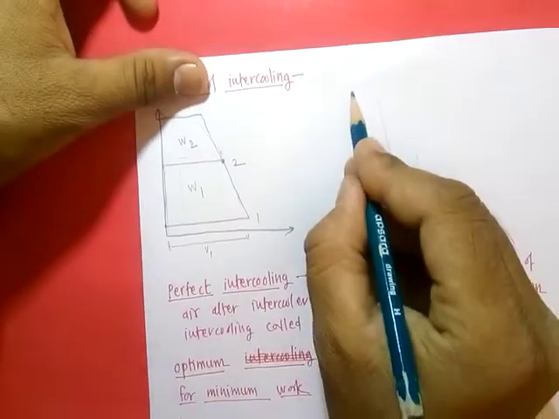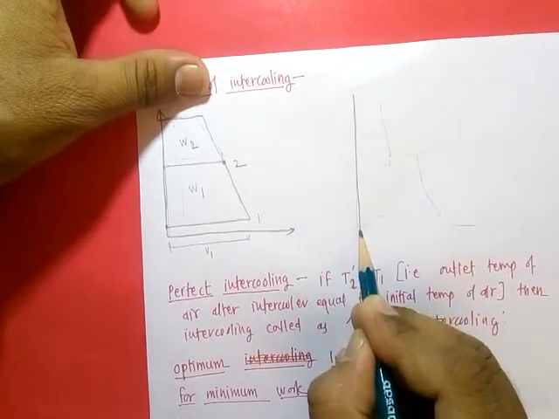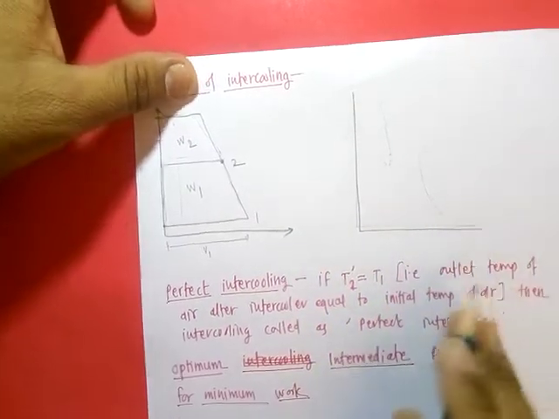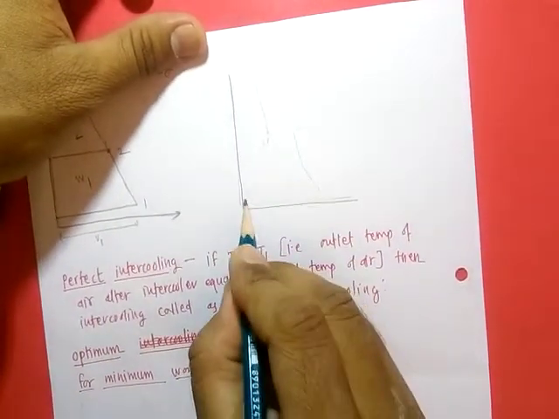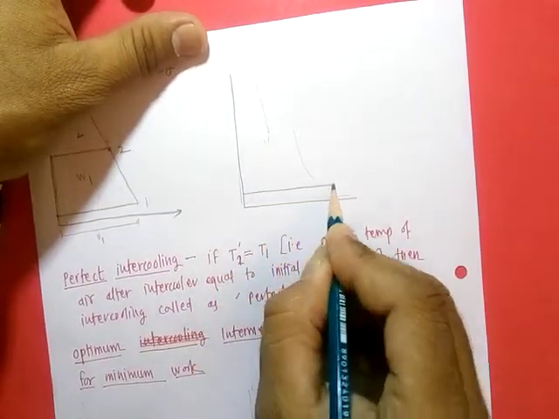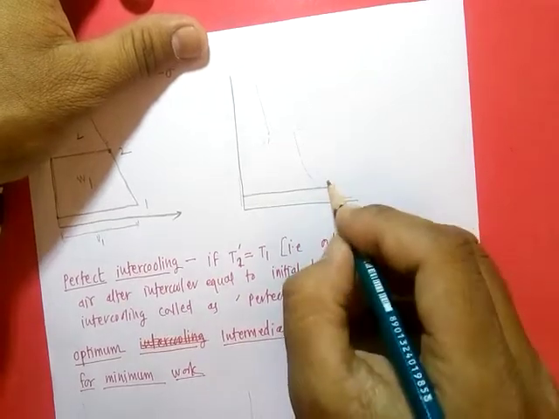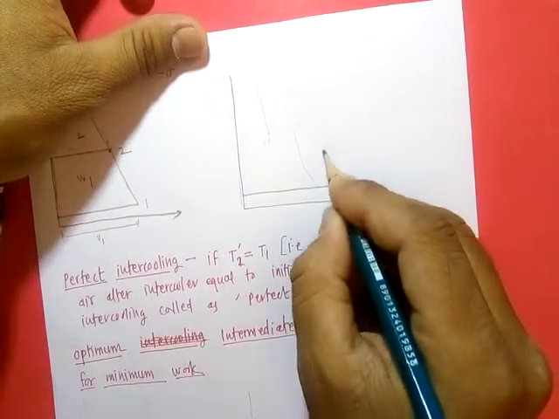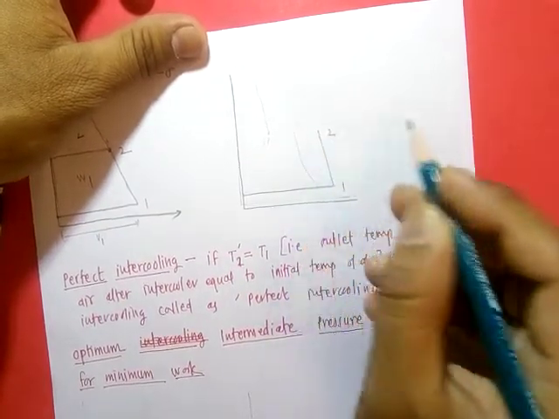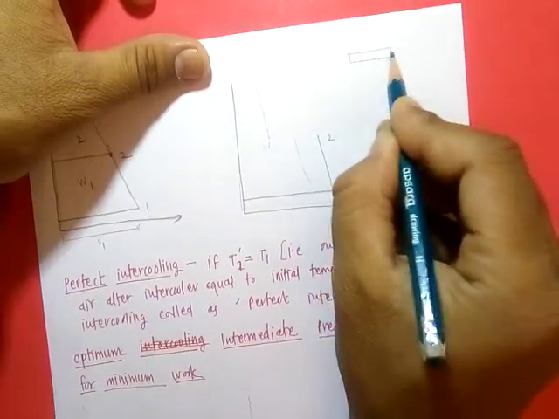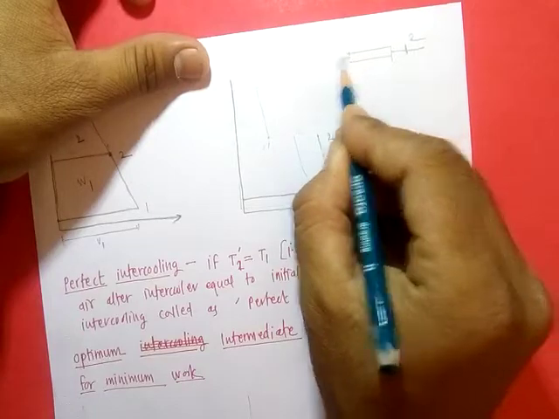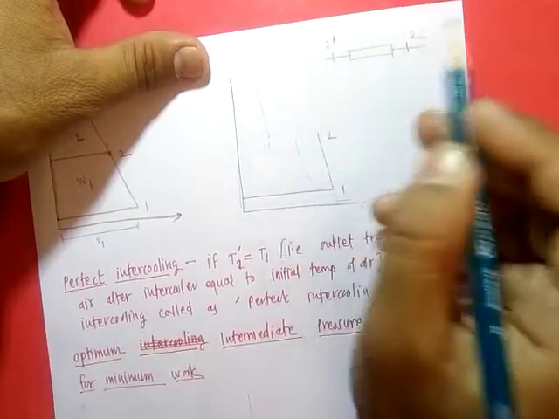Now consider we use an intercooler there. Then we suck air at pressure P1, deliver it compressed to point 2, then there is the intercooler, which cools air at constant pressure.